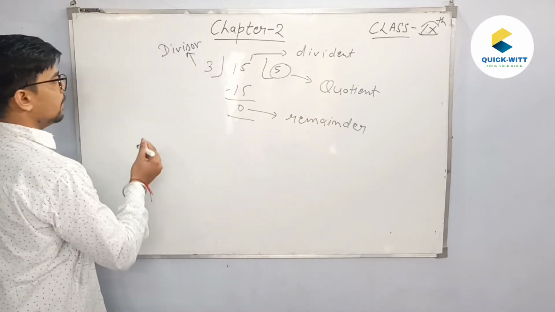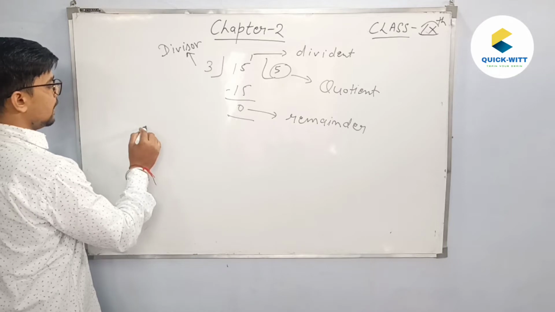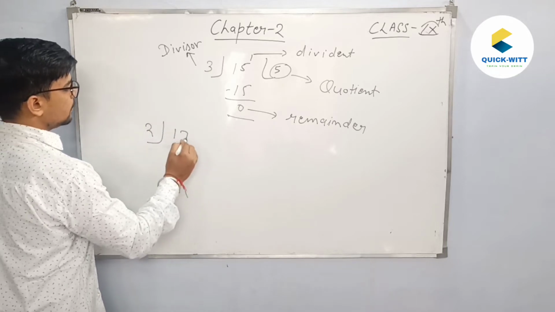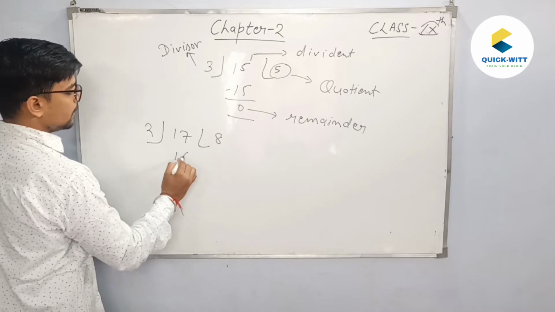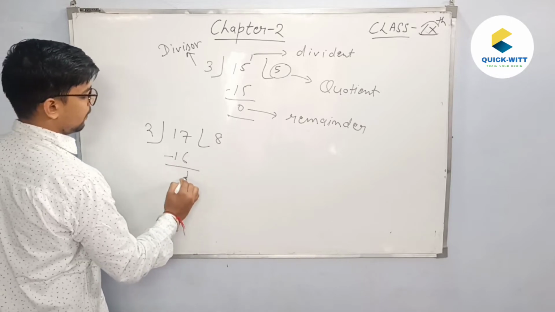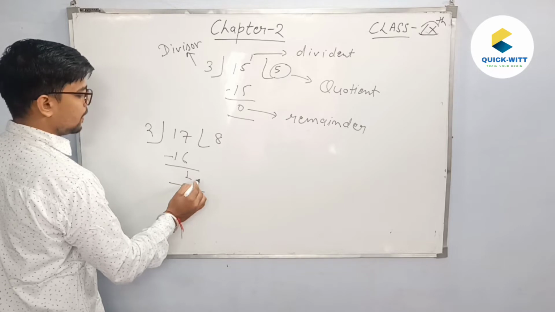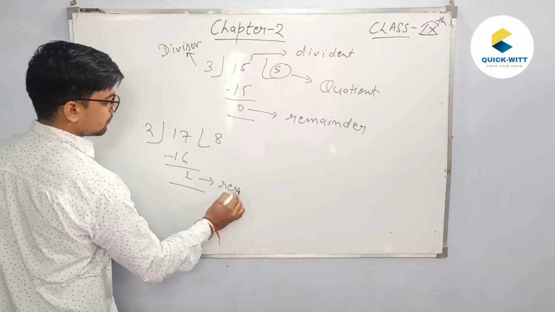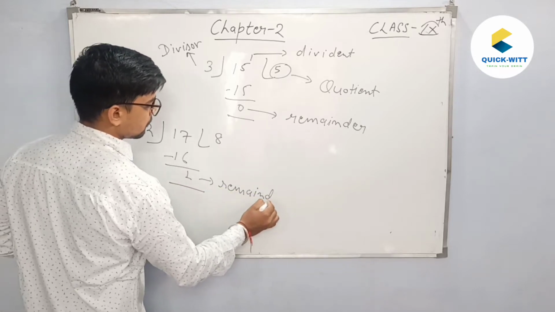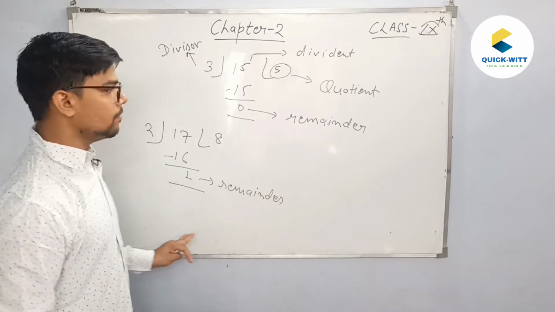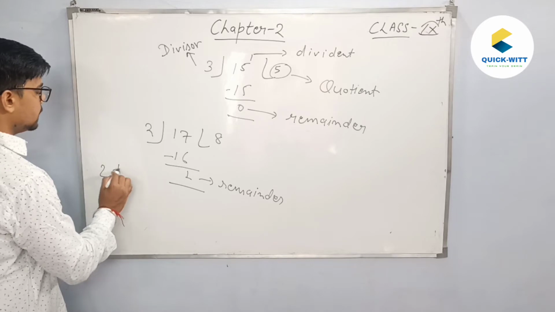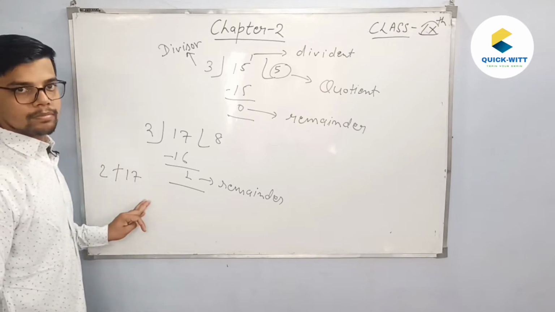Okay, and if I write 17 divided by 2, then what will I get? We have to multiply it by 8 and I got 1 as a remainder. So when we get a remainder, then we can say 2 doesn't divide 17 properly.